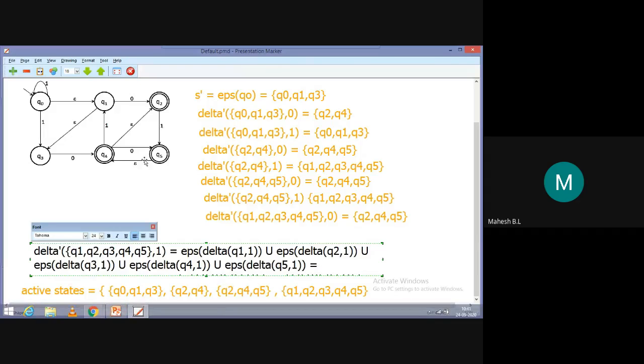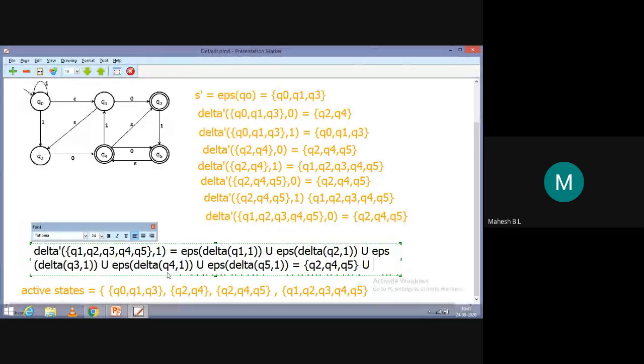So first Q1, 1, what is it? Q1 on 1 is not defined. Next Q2 on 1 is defined. Q2 on 1 is Q5. What is epsilon of Q5? Q5, Q4, Q2. So we get Q2, Q4, Q5 like this. Union. Next we need to consider Q3 on 1.